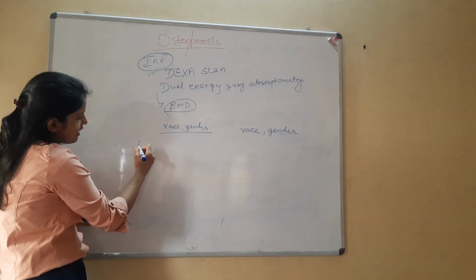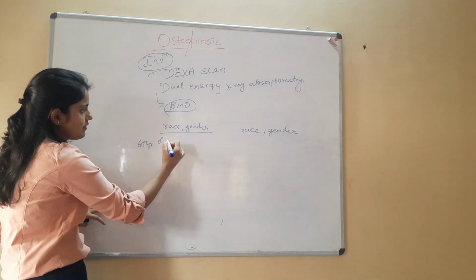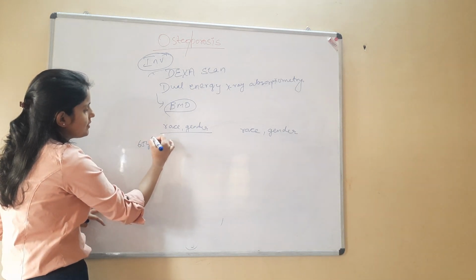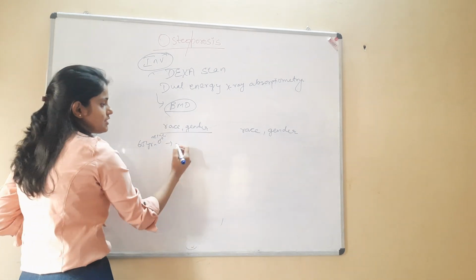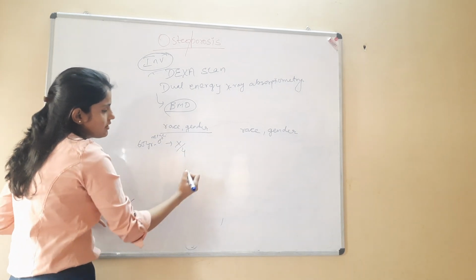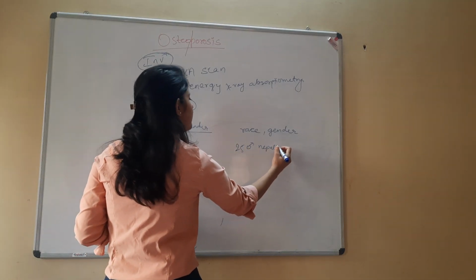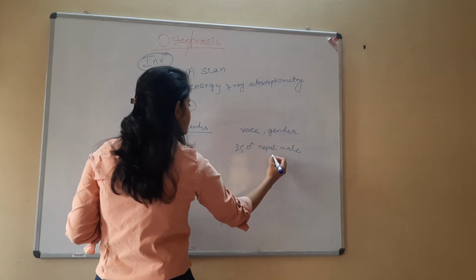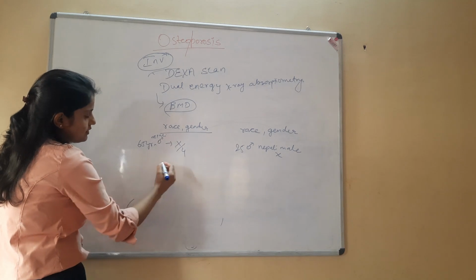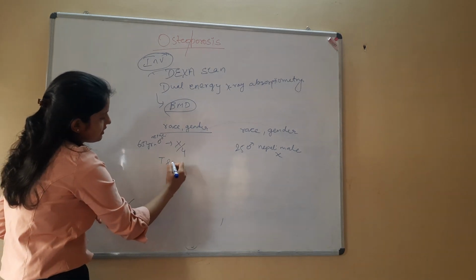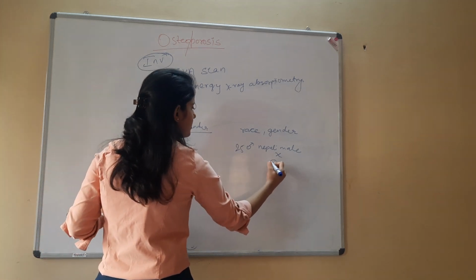Suppose there is a 65-year-old Nepali male whose bone mineral density is X/4, and there is a 25-year-old Nepali male whose bone mineral density is X. Then his T score is -4 and the young male's T score is +1.